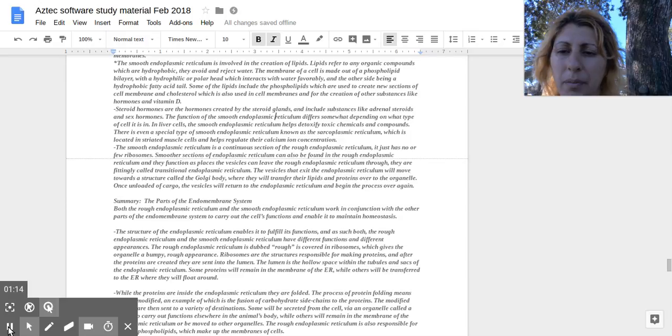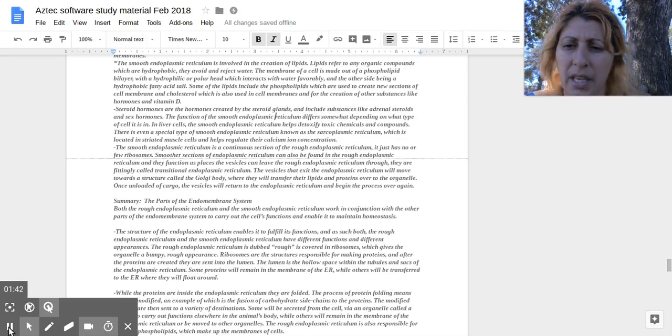So the lipids that are created in the smooth ER, once again, include various kinds of molecules. They include steroids, lipids, which include cholesterol, even vitamin D, etc. So such molecules.